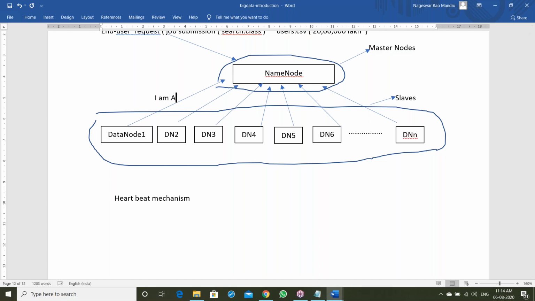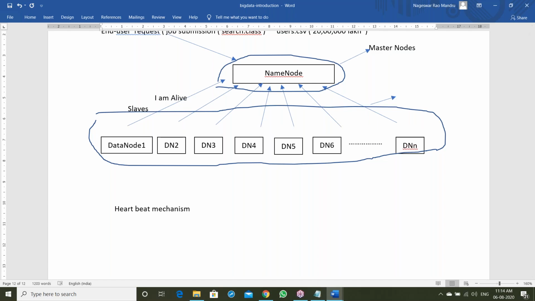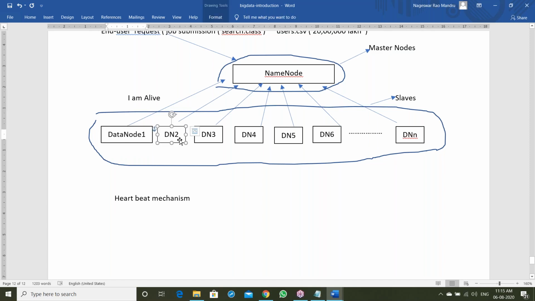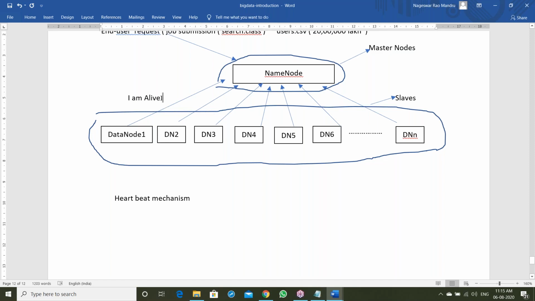This node says I am alive, the next node says I am alive, like this, every node. The heartbeat interval value is 3 seconds. Every 3 seconds, they send heartbeats saying that I am alive.